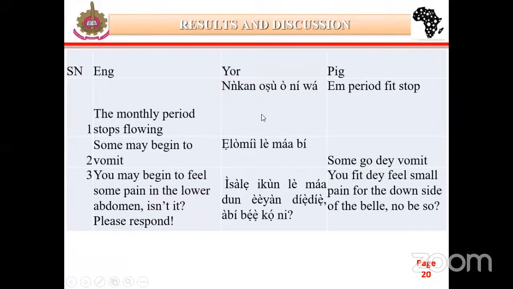In Yoruba, they will say "in kausu uniwa", and Pidgin will say "the period will stop".